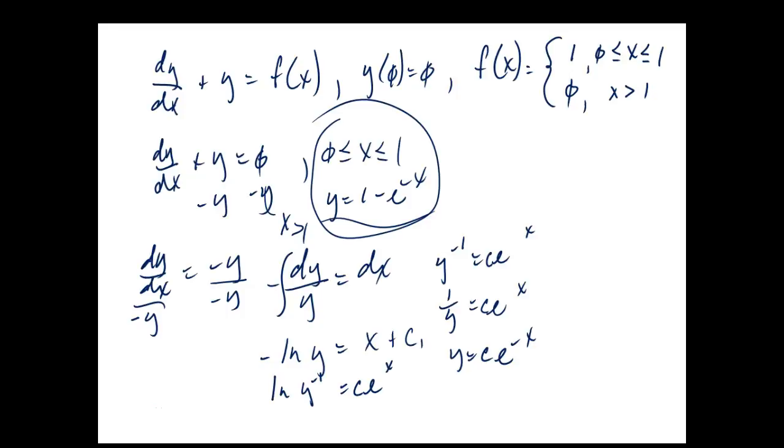By appealing to continuity at a point, then it would be possible to figure out what that C2 is. So, or C, what I'm calling C is. I would like for, I already know that y of 1 from this one is equal to 1 minus 1 over e. Wouldn't you say that's true?